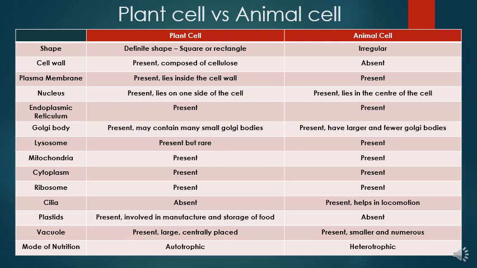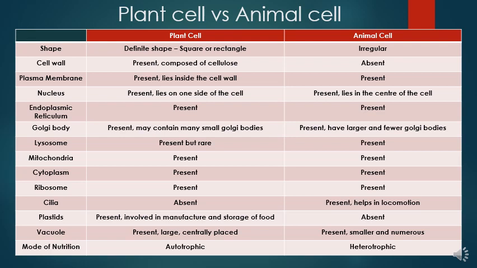If we see the shape, plant cells have a definite shape like square or rectangular, but animal cells are generally irregular in shape. Second point is cell wall. It is present only in plant cell and made up of cellulose, a very complex substance, but it is absent in animal cell.